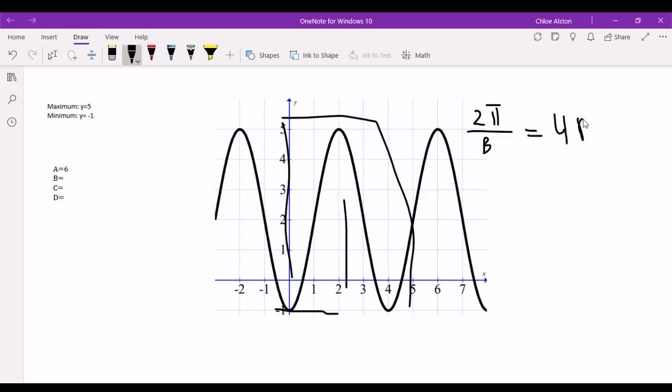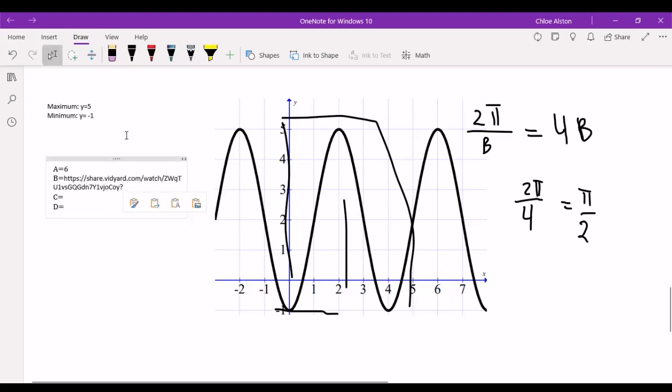So we're dividing 2 pi by 4, and that equals pi over 2. There is no shift.